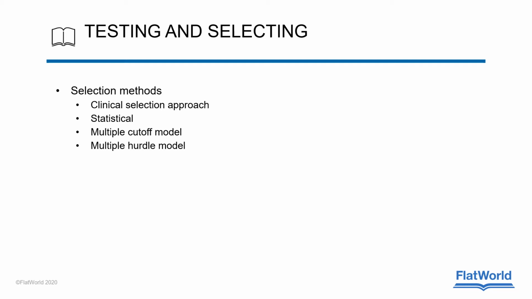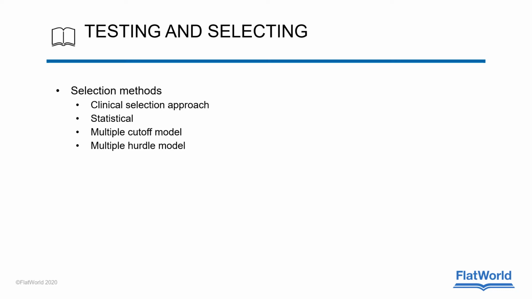So among the statistical methods are the multiple cutoff model and the multiple hurdle model. With the multiple cutoff model, the scoring of different aspects of the criteria requires a minimum score. So you require a minimum scoring of 4 out of 5 on the different criteria.